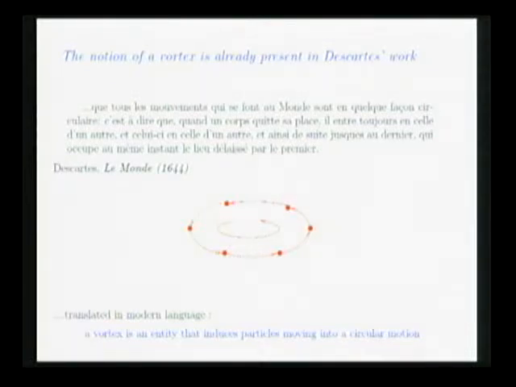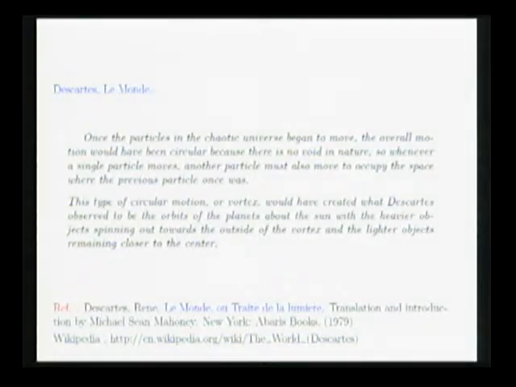So Descartes, in the 17th century, was talking about vortices motion, even as a periodic orbit, and even later as a theory for explaining the solar system dynamics.